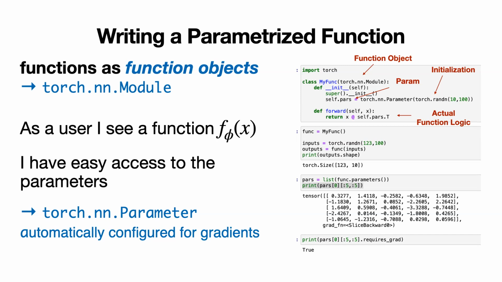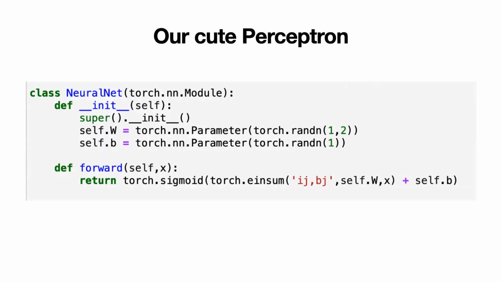So then we have our function object, and that defines our hypothesis space in our learning theory setup. And so now we can write our nice little perceptron that we also had in our exercises in a nice way. We have our weights and we have our biases. We initialize them at some values. And then we do our matrix multiplication. If you don't know about einsum, I highly recommend you to read about it.